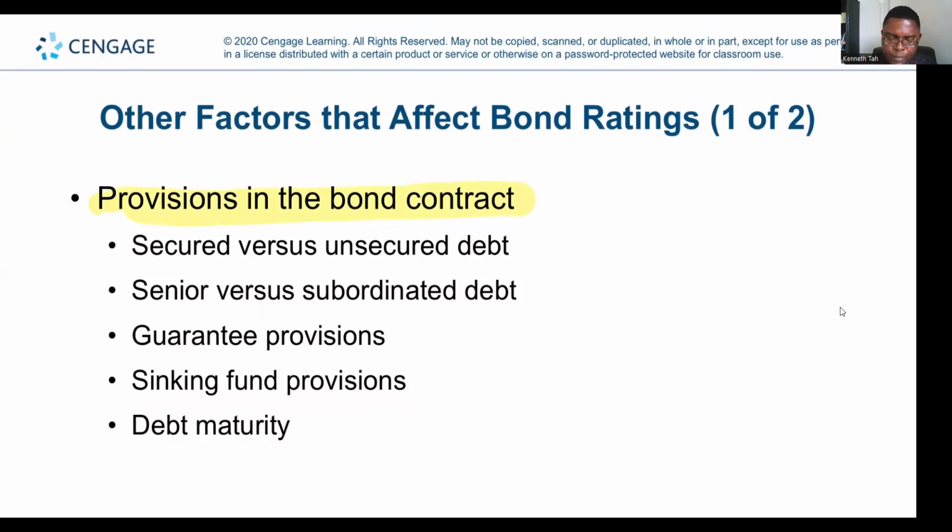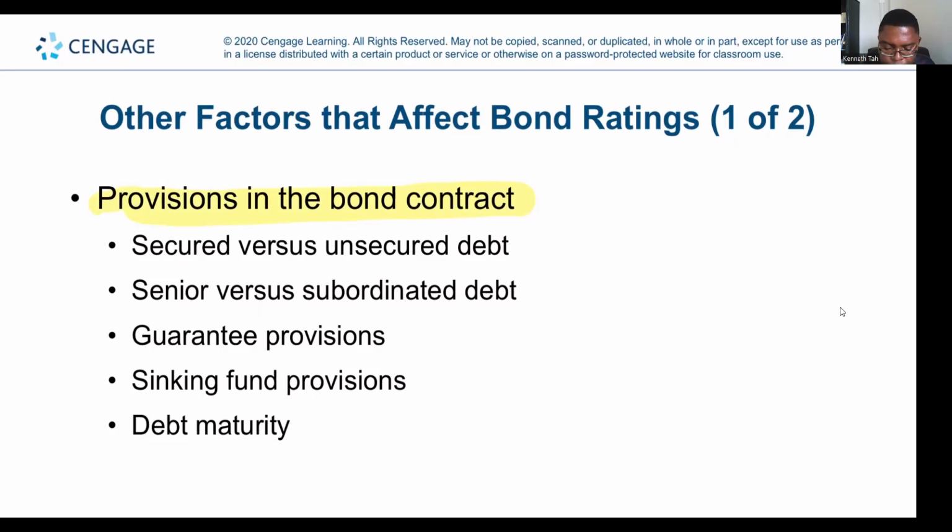And then we have senior versus subordinated debt. In the event of bankruptcy, subordinated debt has claims on assets only after senior debt has been paid off. So in case of bankruptcy, senior debt holders need to be paid off first before those who hold subordinated debt.